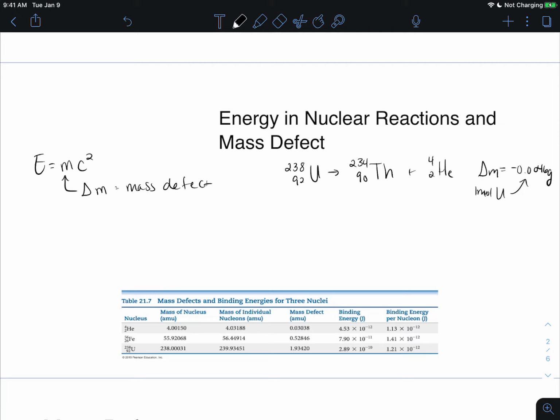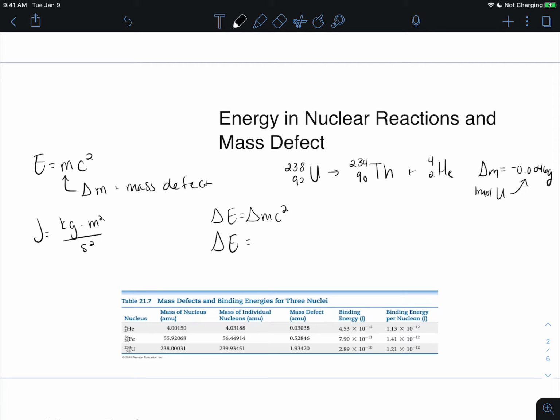So let's see what happens to that. We're going to take that and put that into our equation right here. And we want to put it in as kilograms because of the unit of joules. So joules itself is equal to kilograms times meters squared over seconds squared.